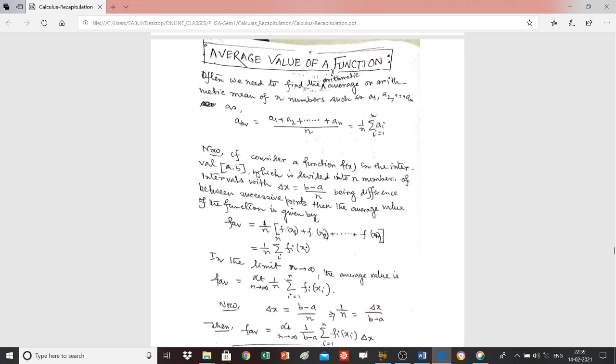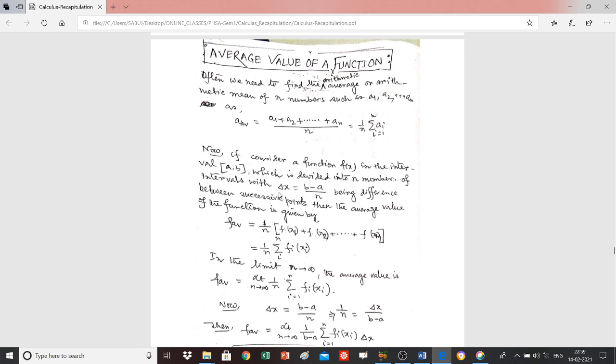In each interval, f(x) is defined, that is, it has definite values, and between two successive points the value of the function is continuous.